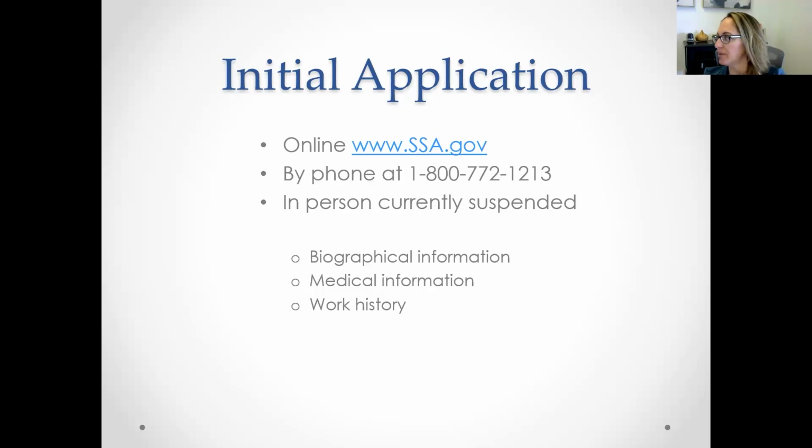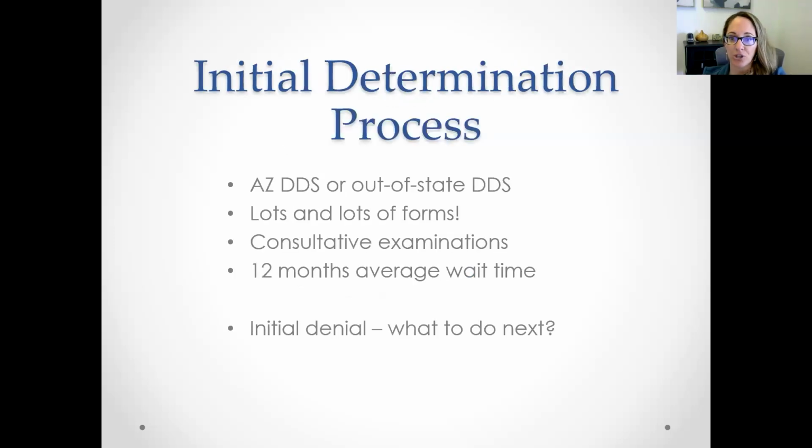The initial determination process is handled in Arizona by the Disability Determination Service in Arizona. Because it's a federal program, though, if Arizona's really backed up, they might ship your case or a huge batch of cases out to another state that maybe has more time.